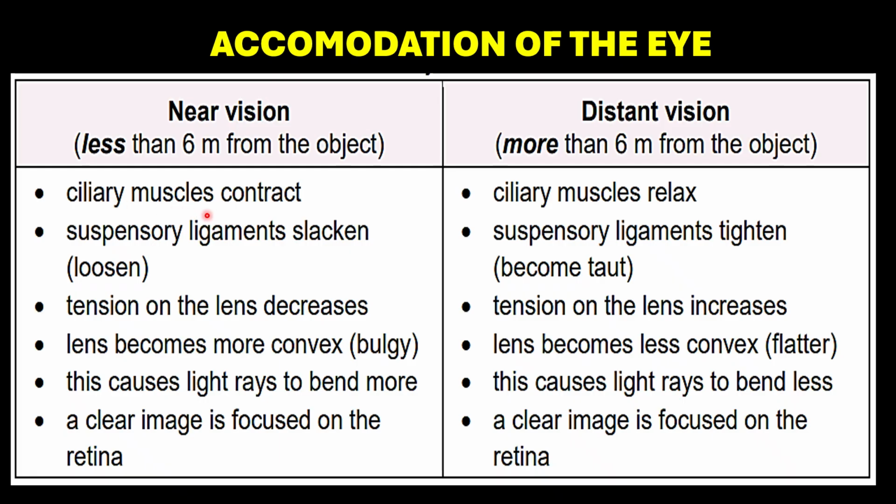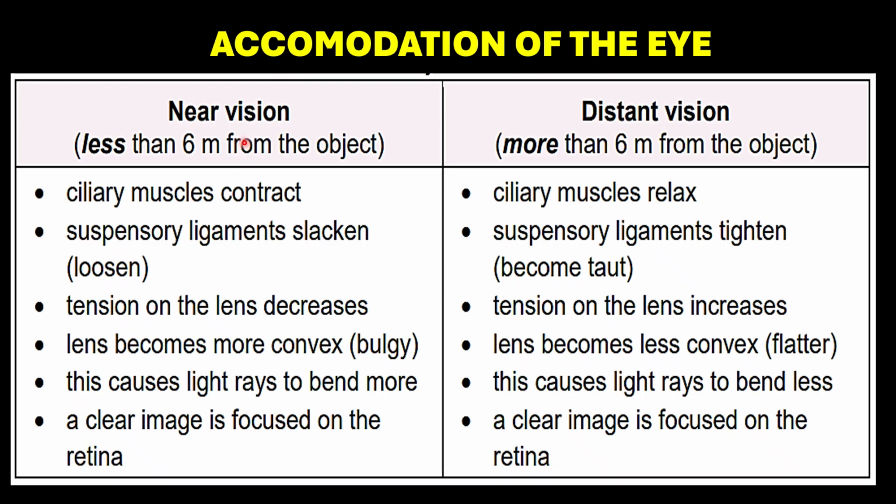So if the ciliary muscle does not contract, then the suspensory ligament will not become slackened. And then the tension on the lens will not decrease. And then the lens will not become more convex. And this will cause the light not to bend more, and hence a clear image will not be formed. This is a high order type of question that demands critical thinking and explanation.